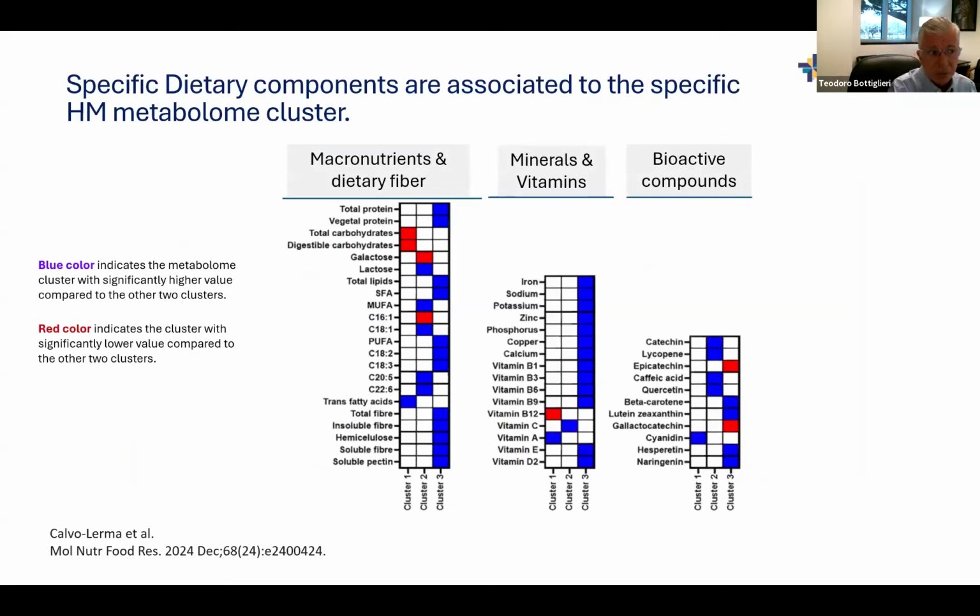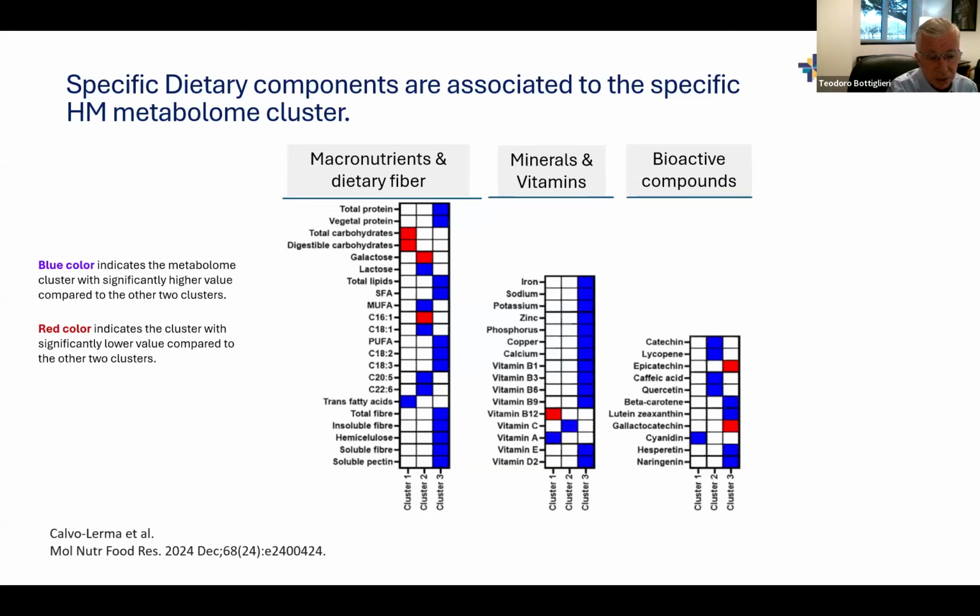Another analysis that was performed was to look at the specific dietary components from the food questionnaires, and how these various classes were associated to the specific milk metabolome cluster, so cluster 1 or 2 or 3, for each of the different dietary components or classes here. We can see that the blue color indicates that the metabolome cluster was significantly higher compared to the other 2 clusters.